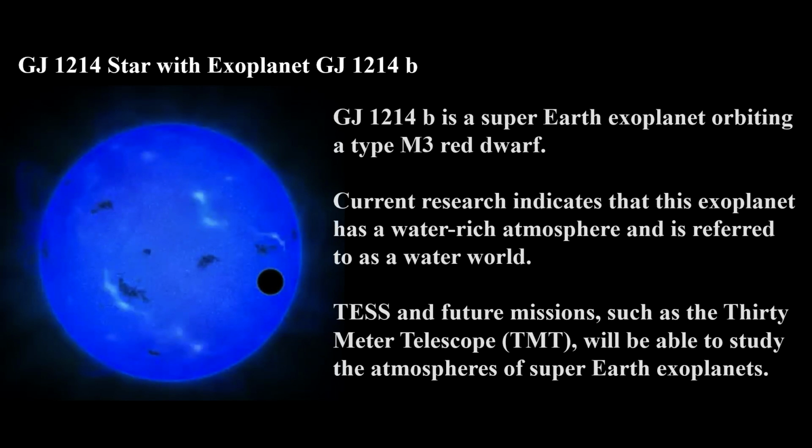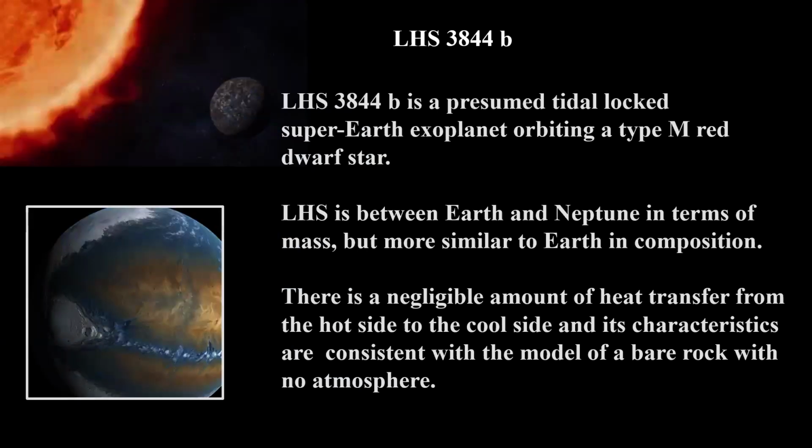The planet is too hot to be habitable, however, likely contains atmospheric water vapor. These planets are thought to make up the majority of the exoplanet population. JWST has recently observed GJ 1214b and has produced the latest information about this object. Upcoming missions will have the ability to study super-Earth exoplanets.